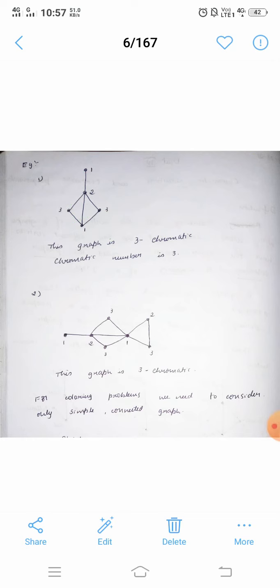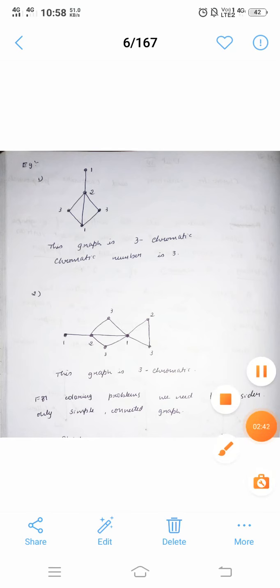In this chromatic number concept, we assume that the graph is a simple connected graph. Suppose the graph is disconnected, if it has two components, the two components are connected graphs, right? So instead of considering the disconnected graph, we are considering only the connected graph.